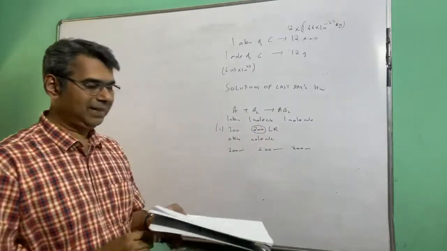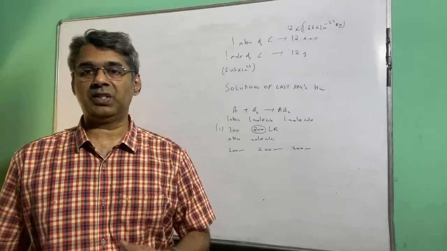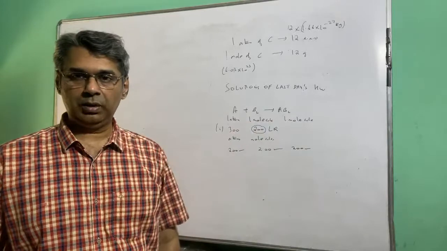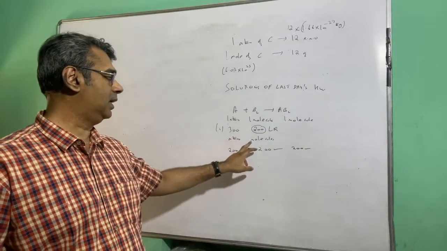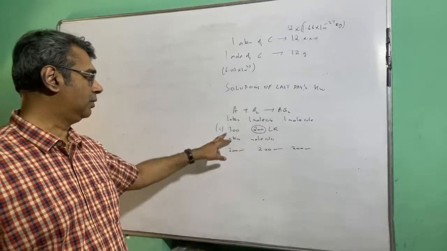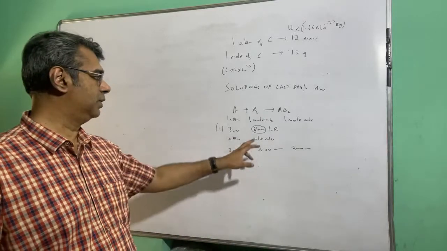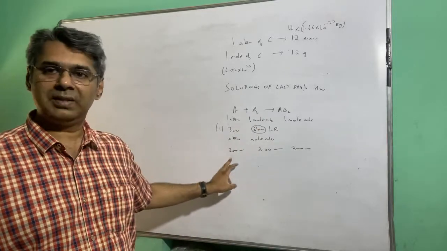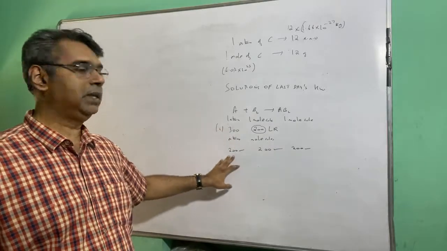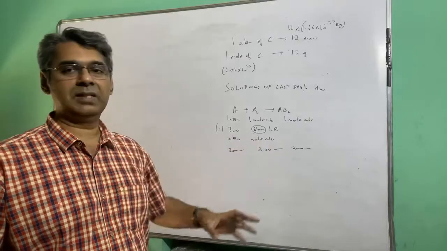Limiting reagent is the one which is in short supply. One atom reacts with one molecule. But if there are 300 atoms and 200 molecules, 200 molecules will be used, but out of 300 only 200 will be used, because if this is 1, this is 1, so if this is 200, this is 200, and the answer is also 200. So out of 300 only 200 will be used. So this one is the limiting reagent.